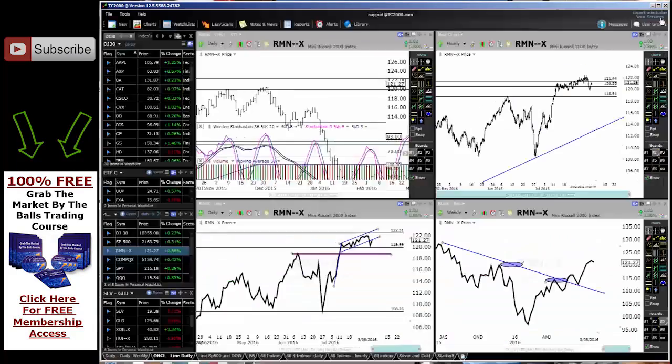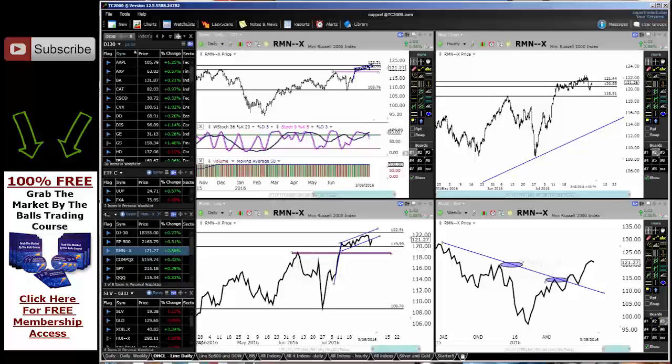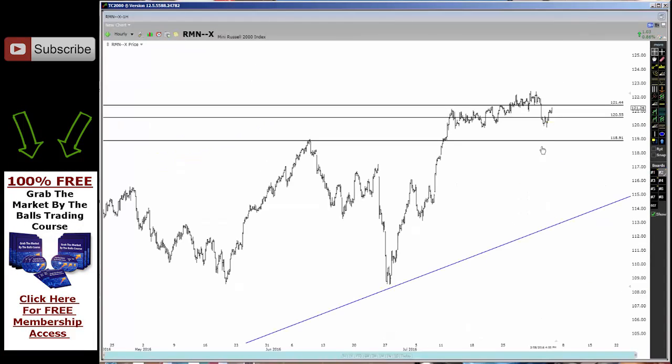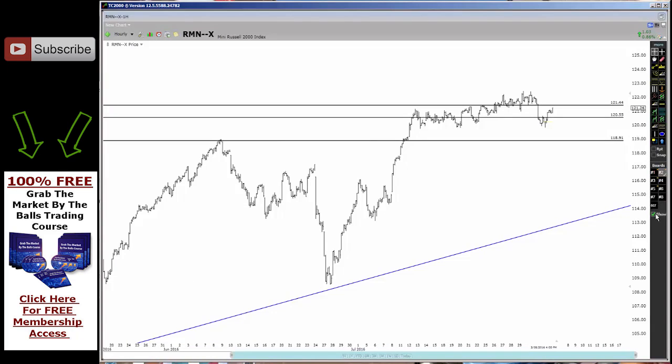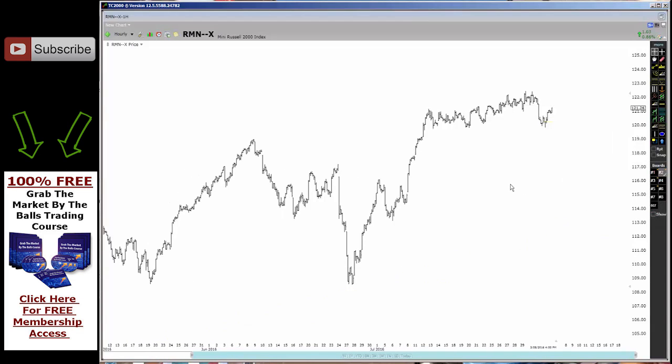Now, if I go over and show you what I see on the hourly chart, if I take everything off the screen for a minute, you can see that we may be forming, like on the Dow Jones, a bear flag situation.